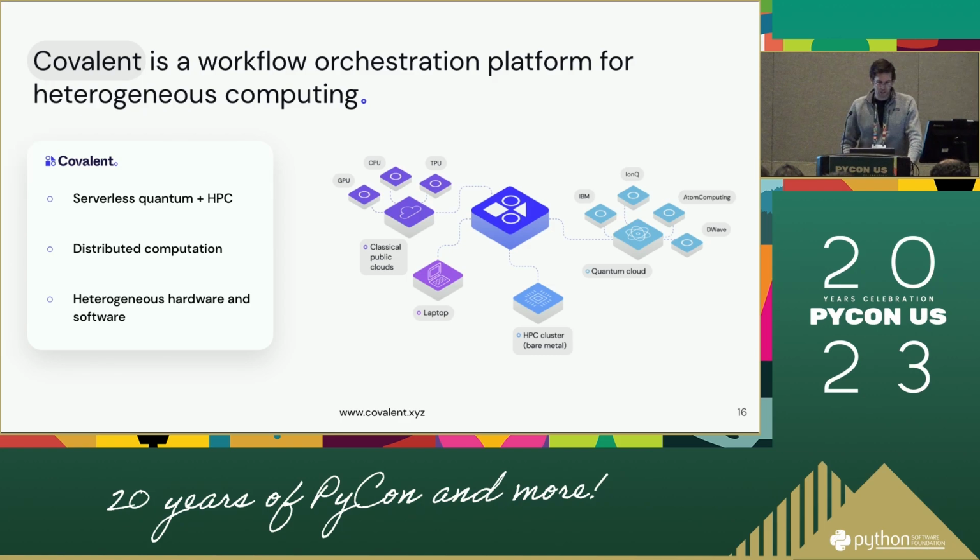The last point I'll mention here that I'll come back to is that we support not only heterogeneous hardware, but also software. This is really important because, again, this is motivated by our experience in the quantum space. We see that all of the newer stuff is in Python, of course. It's the language of choice for scientific computing right now.